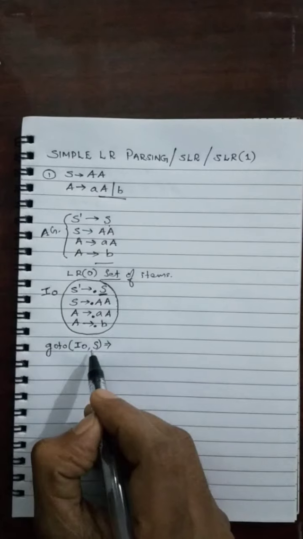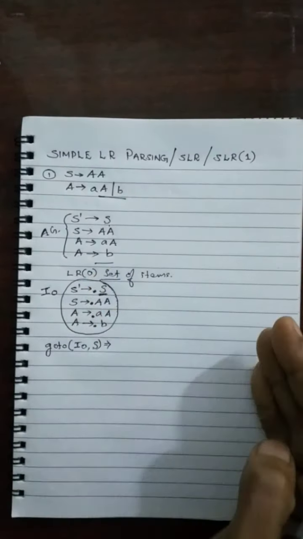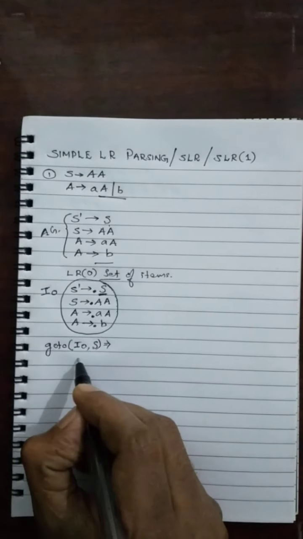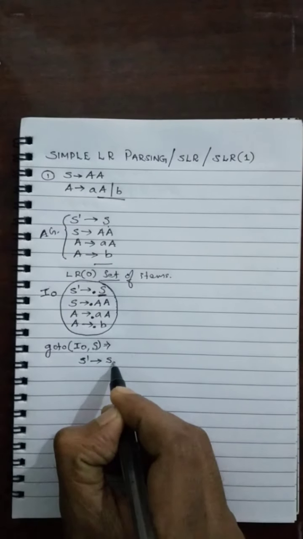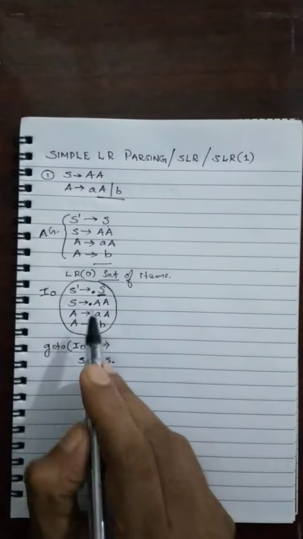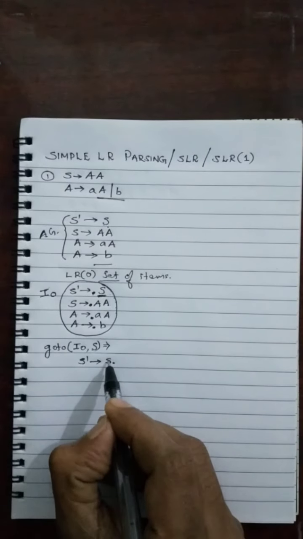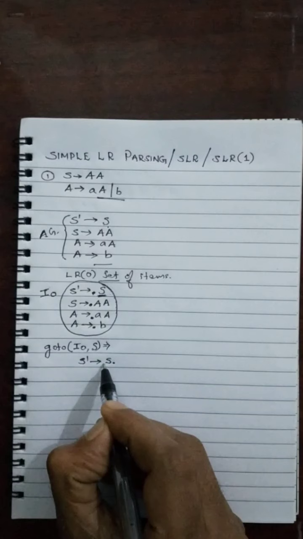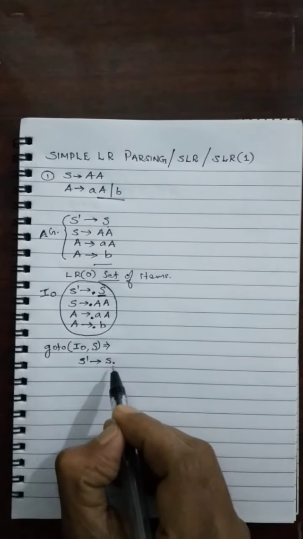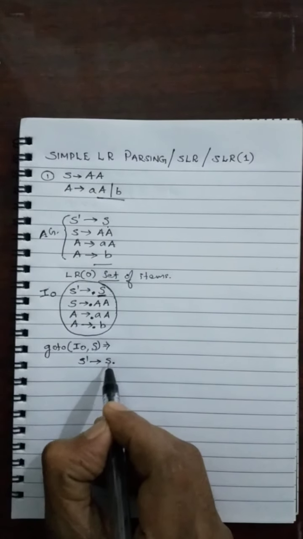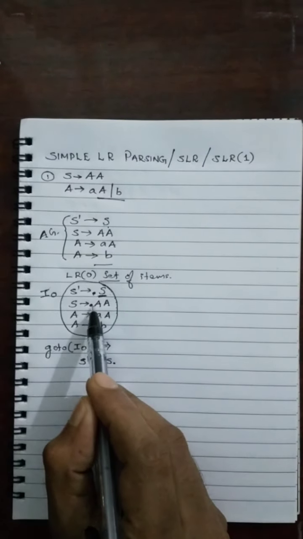It means that we are encountering S, and once we encounter S, we move to the next state. What we get is S' producing S. You are shifting the dot one step to the right. When we encounter S, it just indicates that we have encountered S. Now see whether any other production has S after the dot.